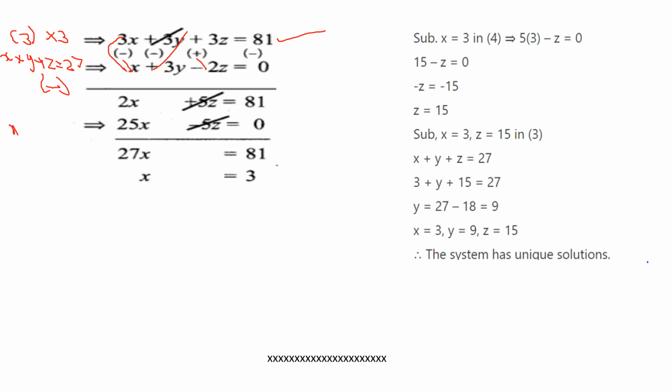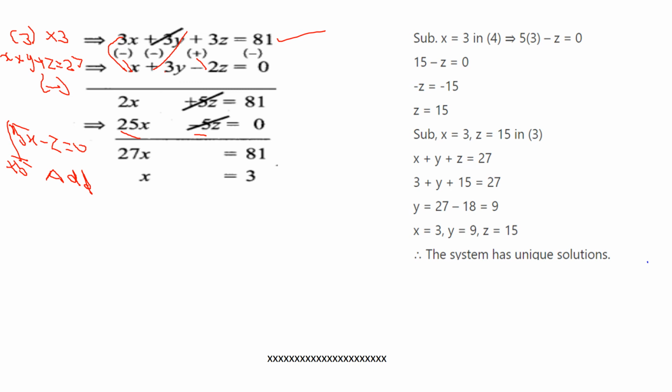And next write the fourth equation, 5x minus z equal to 0. Multiply by 5: we get 5 into 5, 25x, minus 5 into z, minus 5z equal to 0. And here you add: 2x plus 25x, 27x.